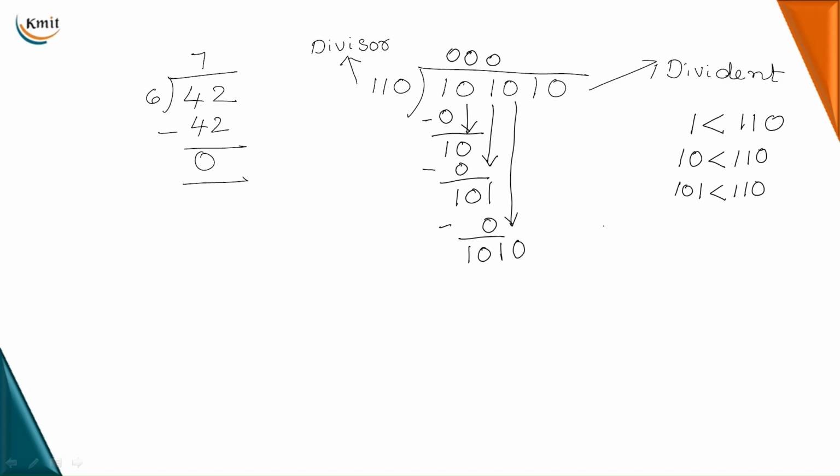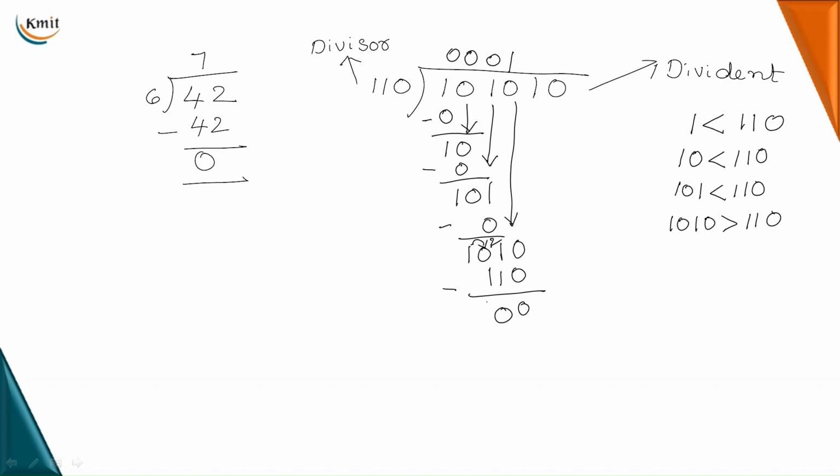So 1010 is now greater than 110. So I can multiply it one time. So 110 into 1 will give me 110. Now subtract, you get an answer 0, 0, and here you have to take a borrow from here.